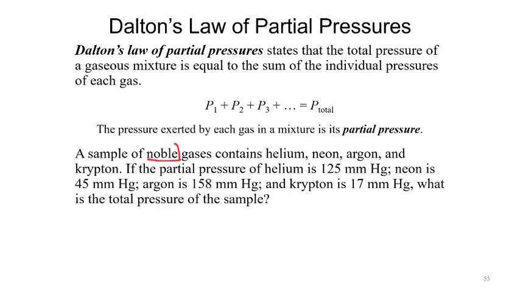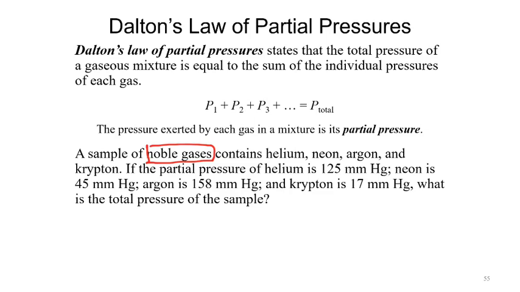I will ask this question about the noble gas. Why would I have picked noble gases for this question as opposed to any other gas? Okay, well, the noble gases don't react with each other, so the noble gases of all our gases are the most ideal because they don't react, period. And because they don't react, that makes them a little bit more ideal.